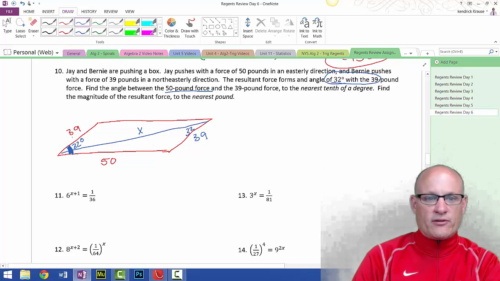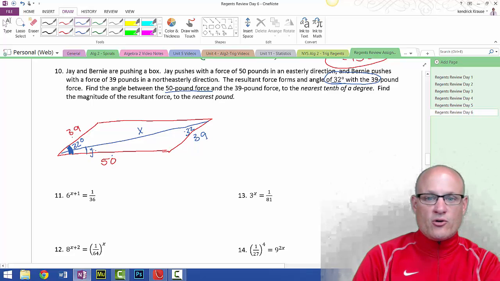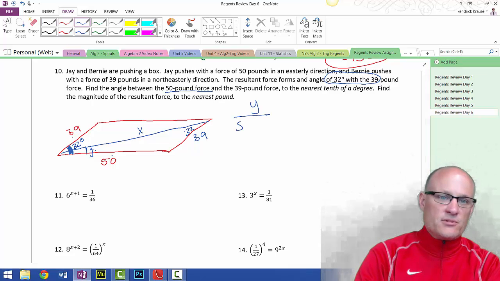So what I'm going to do is 50 over 32 is equal to, and I'm going to call this y or something, y over 39, because I really want to find this angle. Sorry, kids.